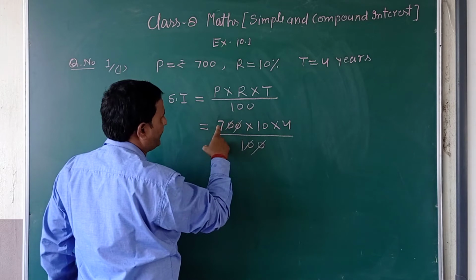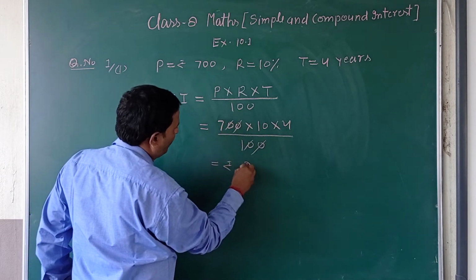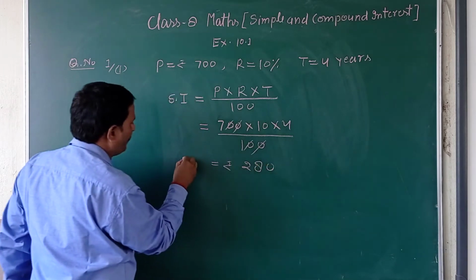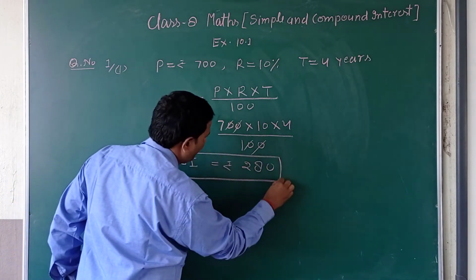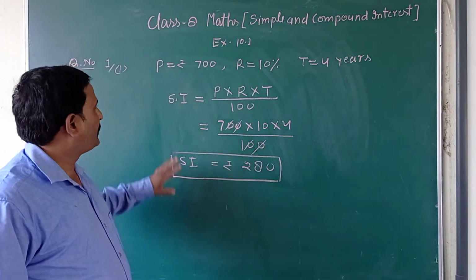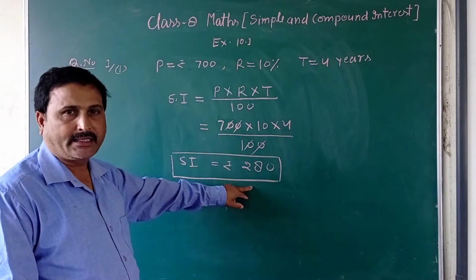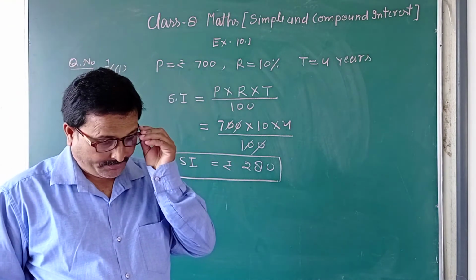Zeros cancel. 7 4s are 28, rupees 280. That will be SI. If the question is asking for amount, the amount is equal to principal plus SI. But in this question, we only have to find the simple interest.